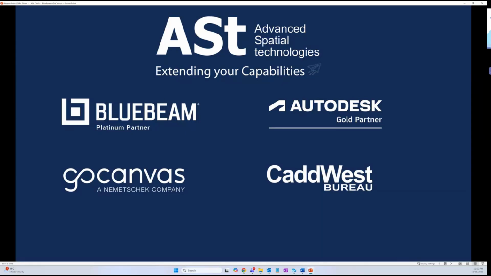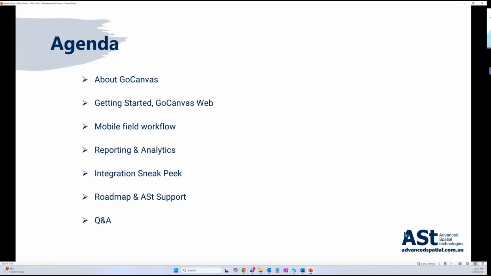Today's session is all about closing the gap between the office and the field, using markups from Bluebeam, but also using mobile devices to capture all that important information. So today we're going to do a little bit of an intro to GoCanvas, and then we're going to dive into the platform itself: how to get started, create forms.